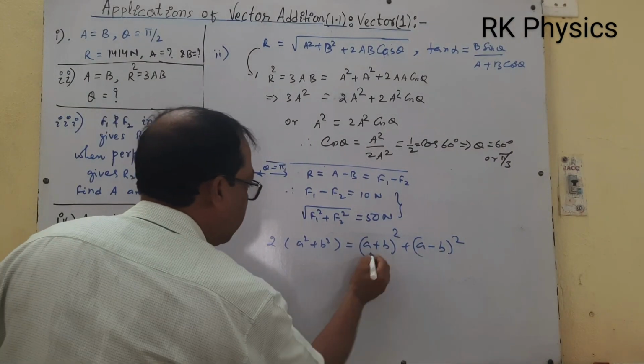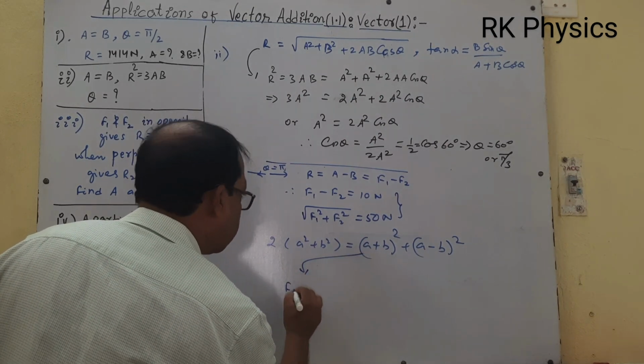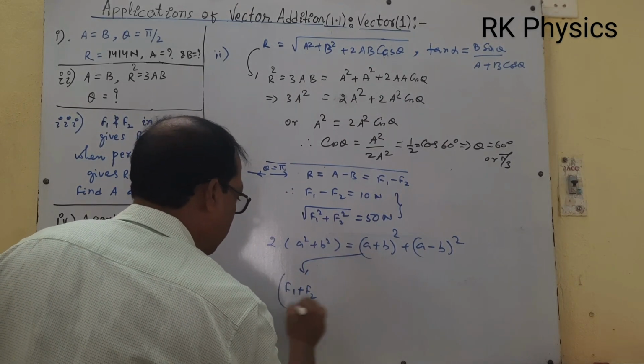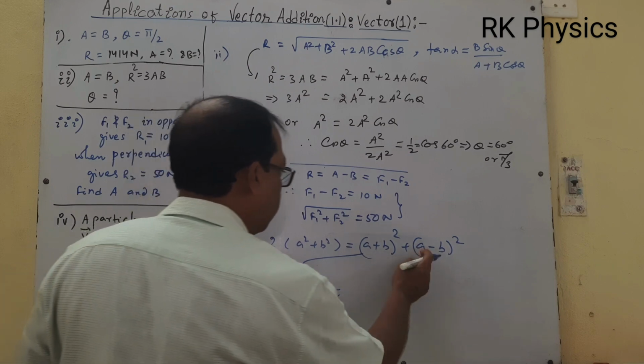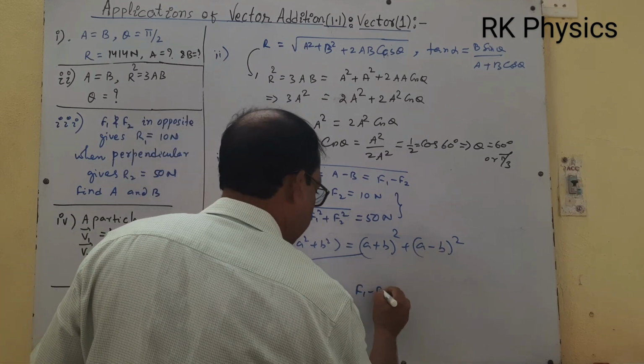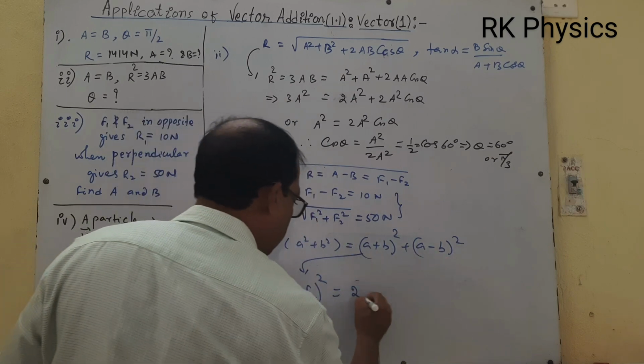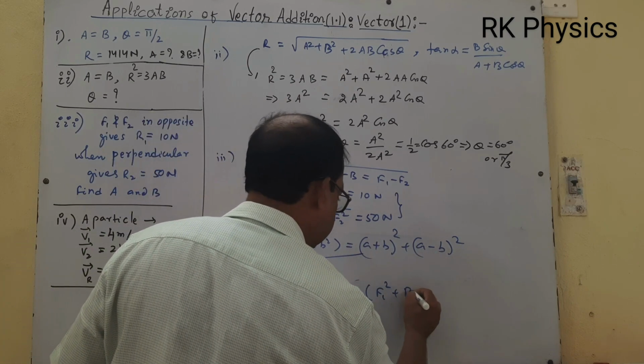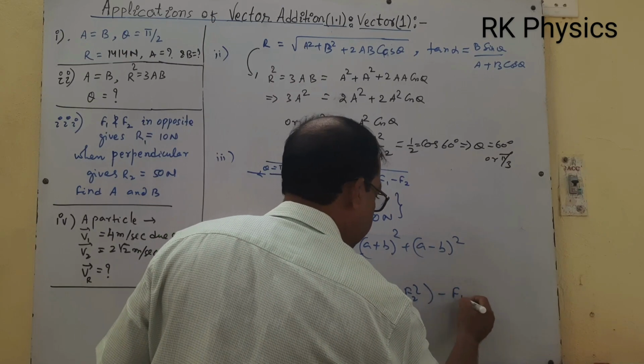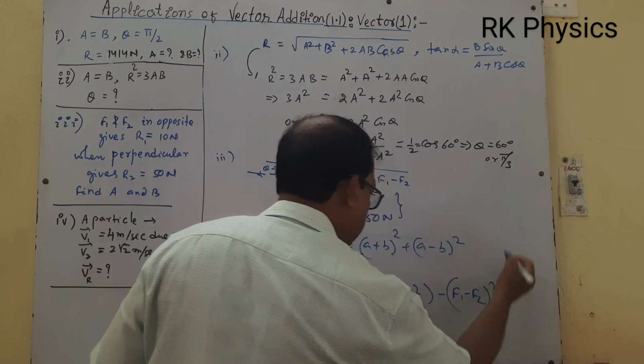So from this, a plus b means f1 plus f2 whole square. You take the left side, 2 into f1 square plus f2 square minus f1 minus f2 whole square.